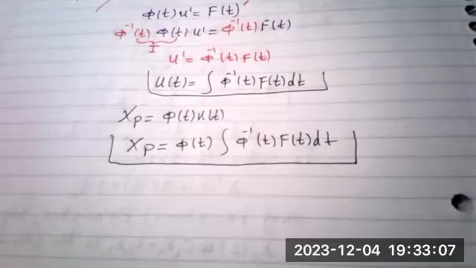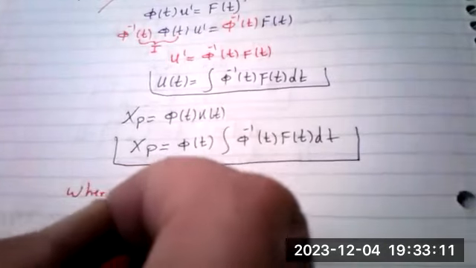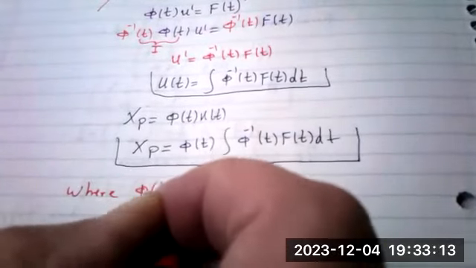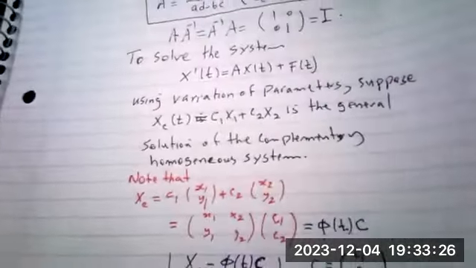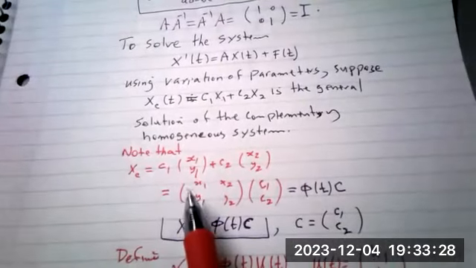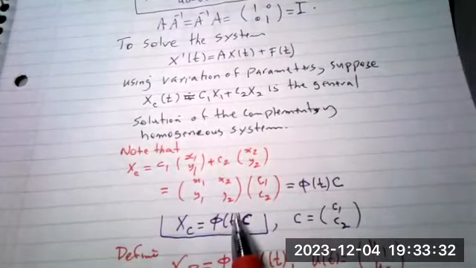And we just remind you that this is it, where, remember the way we build up the phi of t? Phi of t is just the homogeneous one. Look at the phi of t. We get the phi of t from the homogeneous equation. That's it: x1, x2, y1, y2.